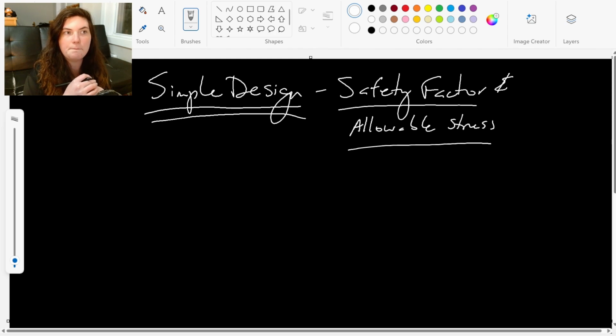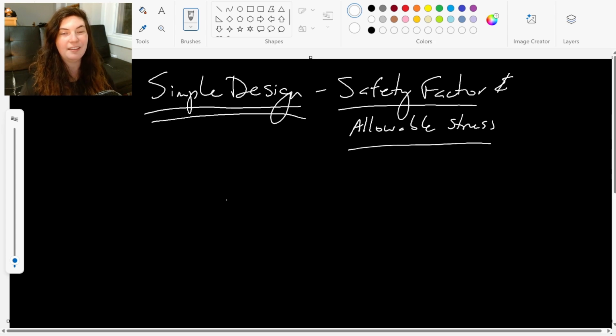It says, okay, we allow 180 pounds. A 200-pound person could maybe sit on it, but let's say it fails at 300 pounds. So if I have a 300-pound person sit on the chair, it breaks.